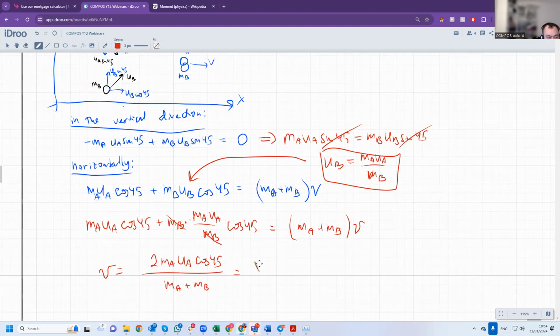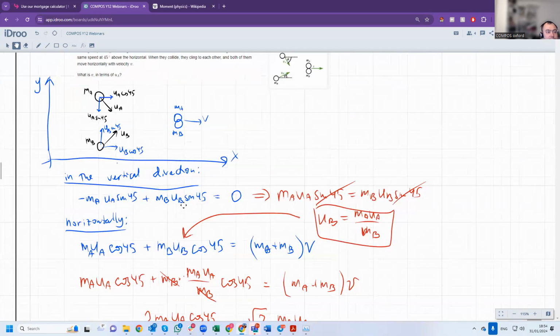So it's square root of 2 MA UA divided by MA plus MB. That's the solution.